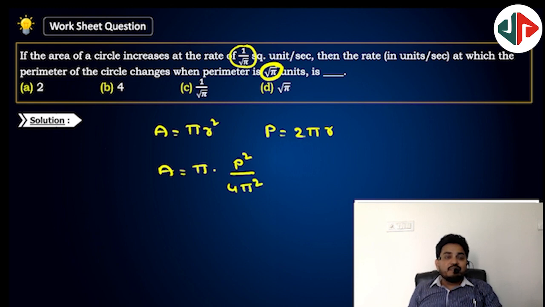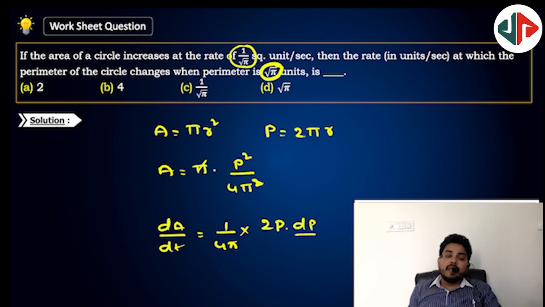So dA by dt is equal to 1 by 4 pi, into 2p into dp by dt. They have given dA by dt as 1 by root pi.